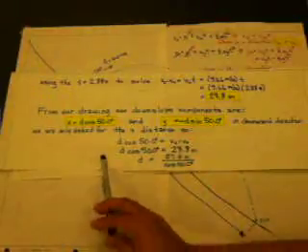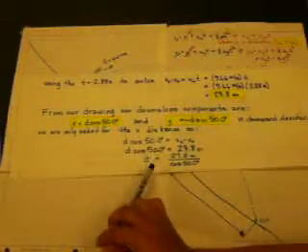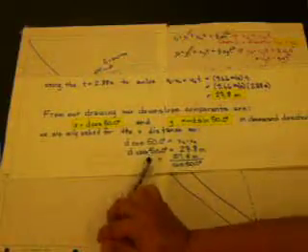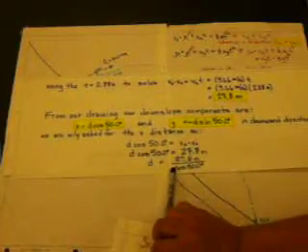Now we're only asked for the distance, so d cosine 50 degrees is equal to 27.8 meters, which means d is equal to 27.8 meters divided by cosine of 50 degrees. So that gives us a distance of 43.2 meters. So the distance from the ramp to where the jumper lands is 43.2 meters.